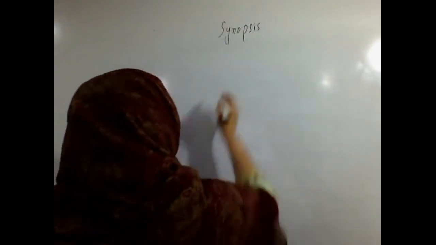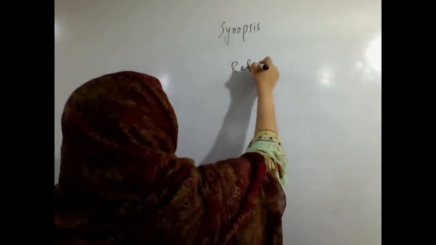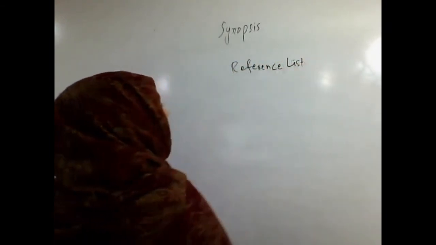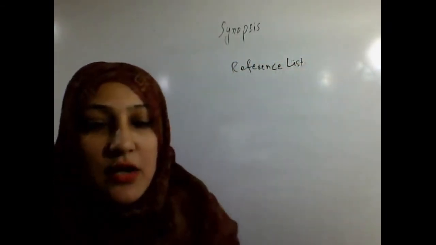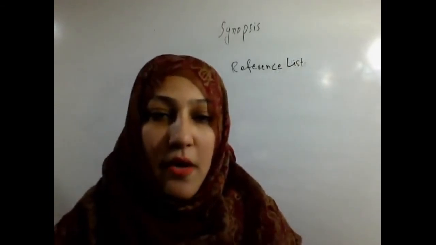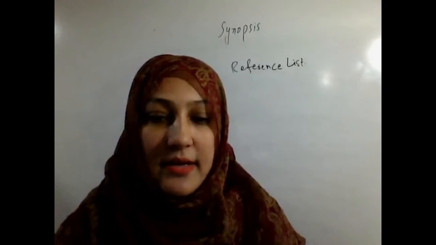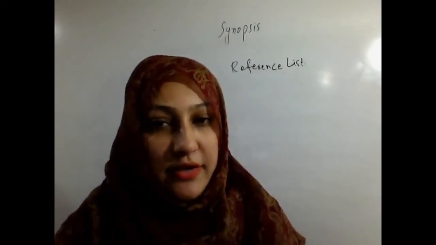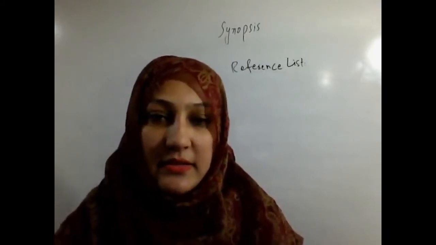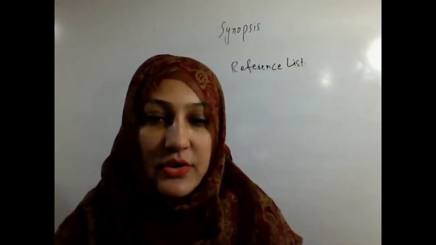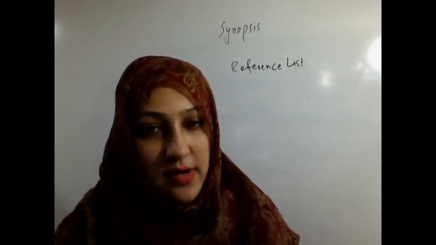In the last you have to give the reference list in which all the references which are used in your synopsis, either in the introduction or in the review of literature or in the material method section, you have to give a complete list of all the references which you have used in your synopsis.